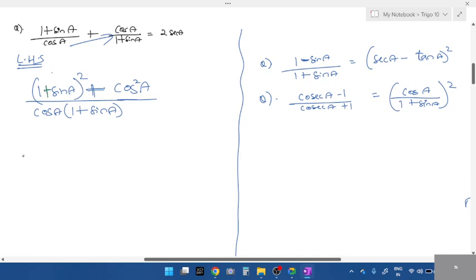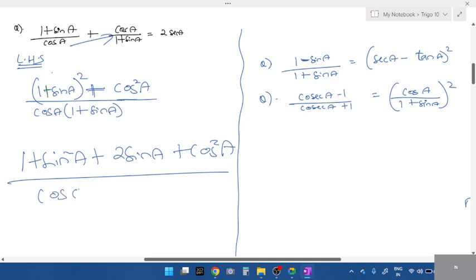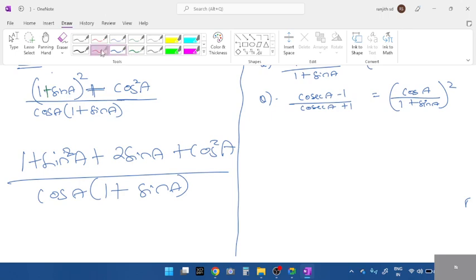What did you get? 1 plus sin square A plus 2 sin A plus cos square A divided by cos A into 1 plus sin A. Another 2 minutes, students. Be quick. All of you will respond. Look at the screen. Stop writing.